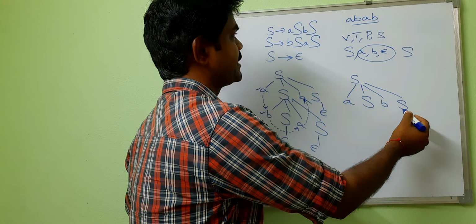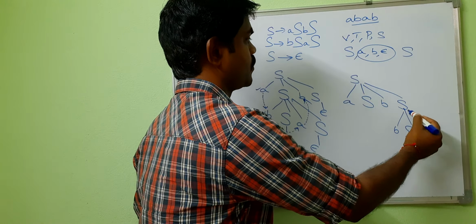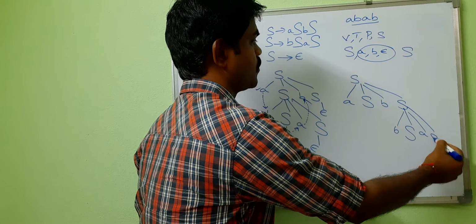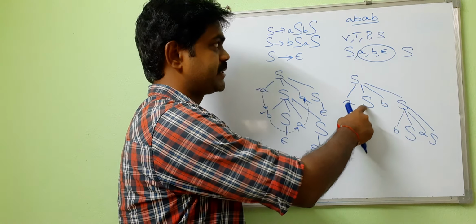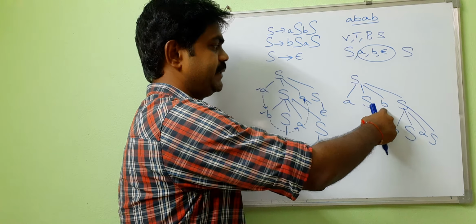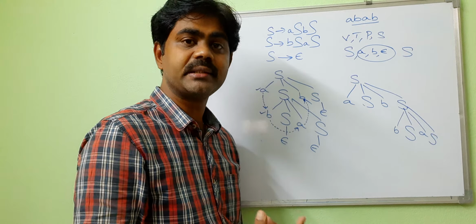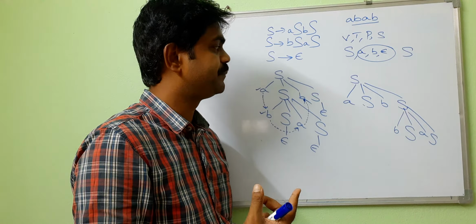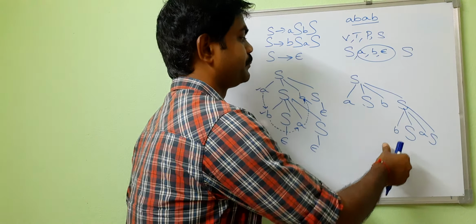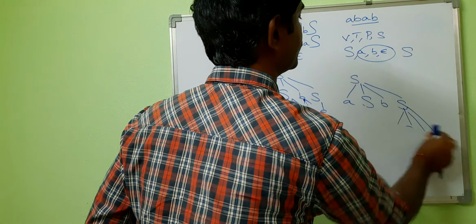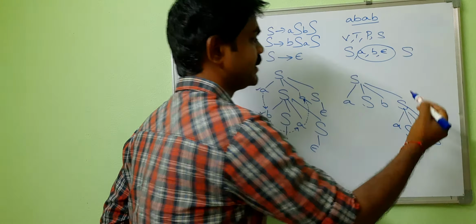For example, if I substitute BSAS here, and if I substitute epsilon here, I am getting B. That's not what we need to get. We should get ABAB. So what will I substitute? I will substitute again. In the place of S, I will substitute ASBS.